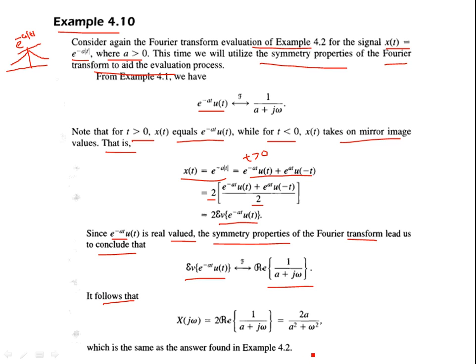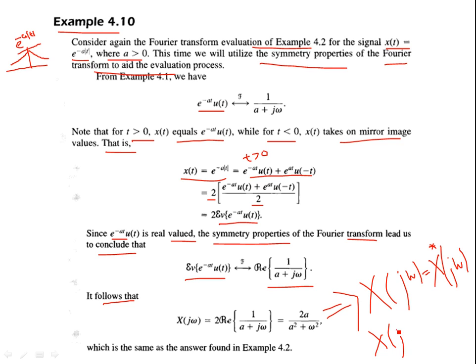It also implies that X(jω) is first of all equal to X*(jω), so it's a real quantity; taking the conjugate doesn't matter. The other thing is that it's also even, that is X(jω) is X(-jω).